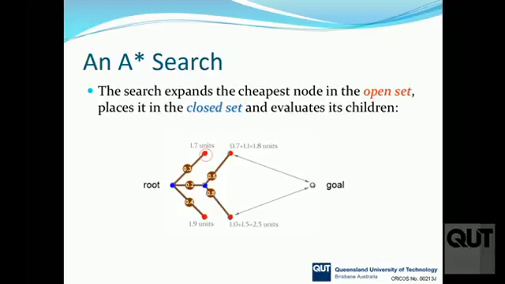It expands a child if it can exploit that information, but the moment it finds its heuristic function is not performing well on the children of that, then it doesn't need to choose those children. It can choose the children from the previous node if it needs to. So this is what I mean. It's going to do some random selecting of nodes from this open set until eventually it finds the shortest pathway.